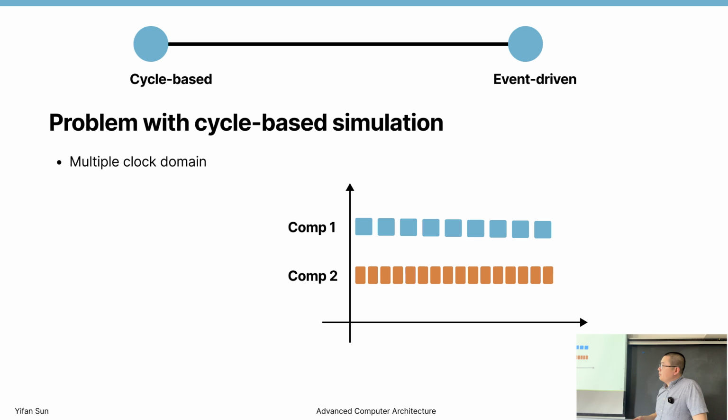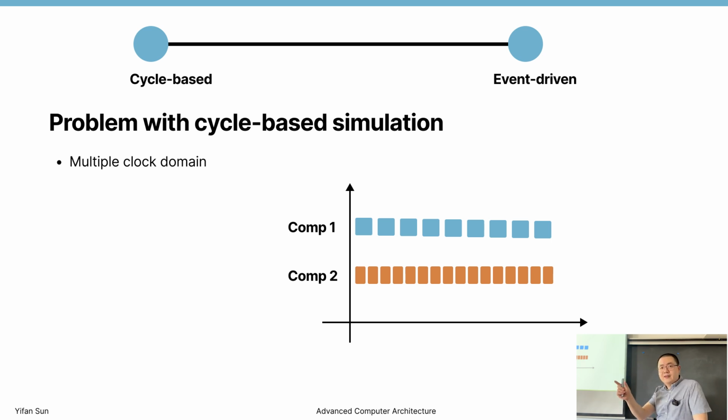So what's the problem with cycle-based simulation? Well, one major problem, which is totally solvable, is multiple clock domains. For example, in CPUs and GPUs, a very common case is your core and your memory run at different clocks. They typically use something like a phase lock loop to synchronize them, or use a buffer to synchronize these two parts.